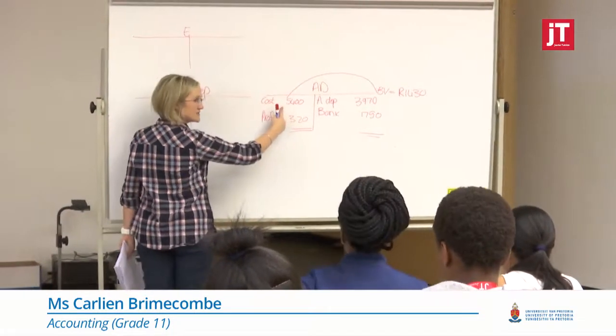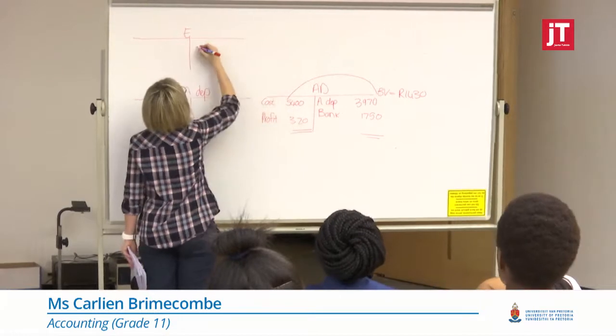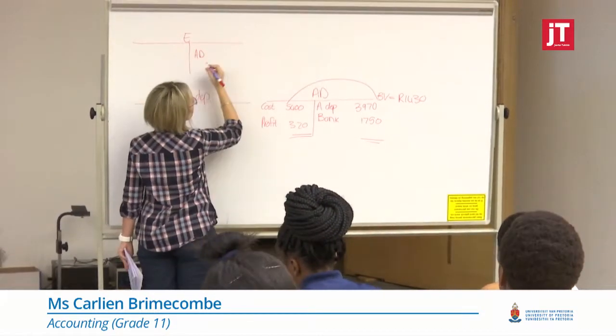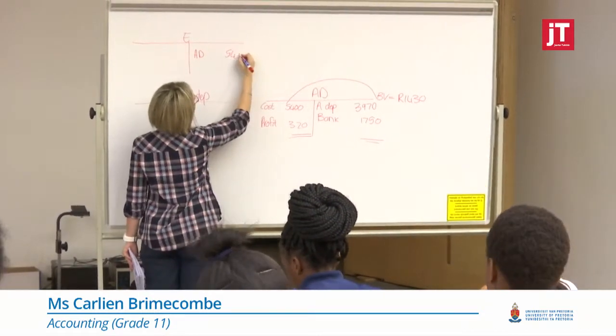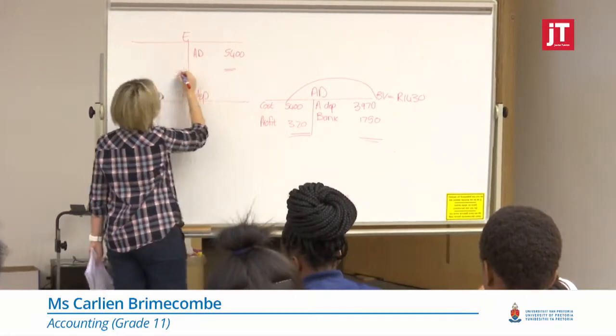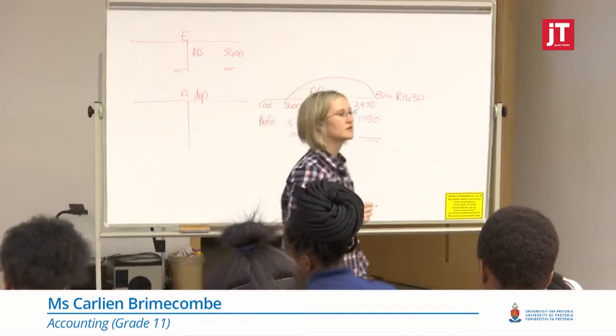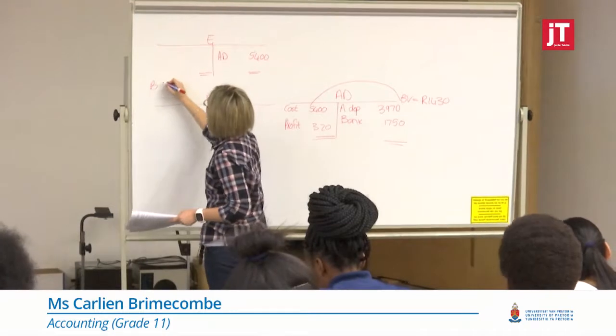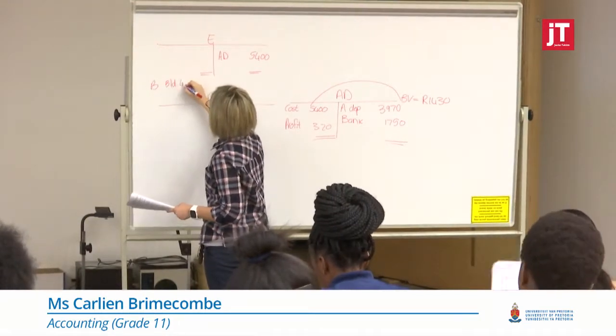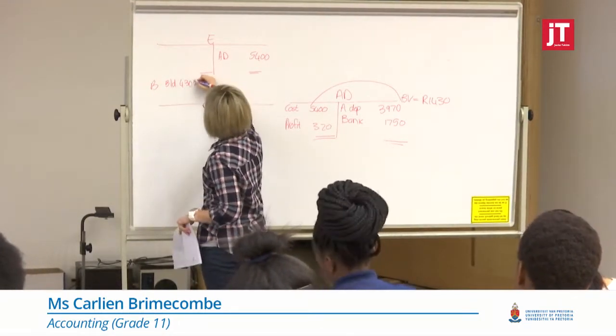For every debit, so the list of balances given to me, equipment, that balance, would it be the balance at the end or the beginning? At the end. So we have a balance at the end of 430,000.